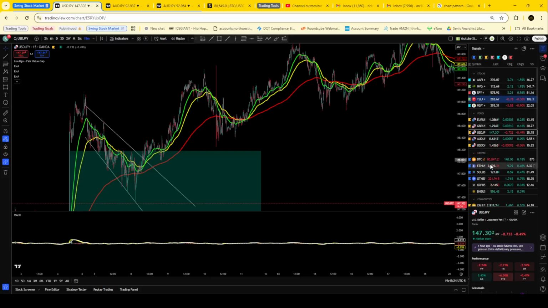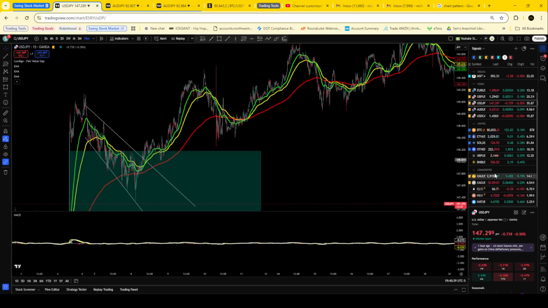Crypto is open. Crypto is 24/7. Forex opens 4 p.m. I believe on Sundays, and of course, the stock market doesn't open till 8:30 in the morning. In commodities, I believe they open the same time as Forex on Sundays as well.